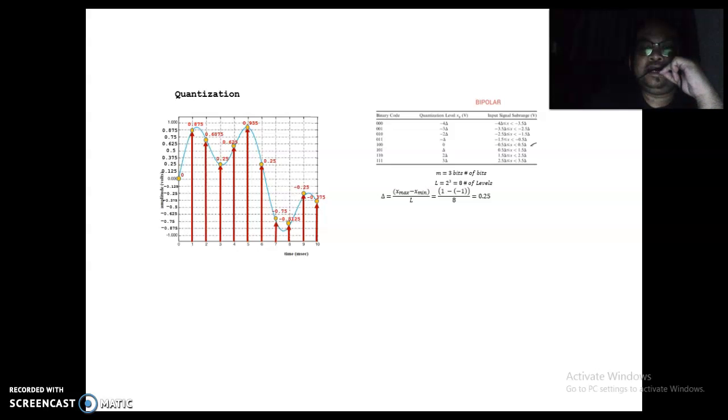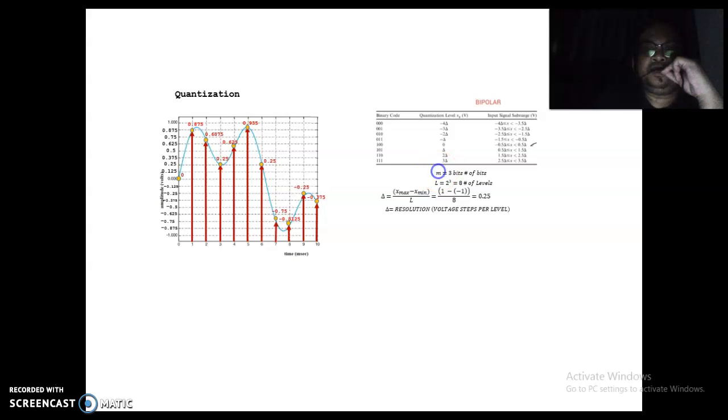Resolution is the amount or value of steps per level. So if you have 8 levels, what is the voltage that separates each level? The amount of voltage separation per level. That is resolution. For this example, it is 0.25. So every level has a resolution of 0.25.